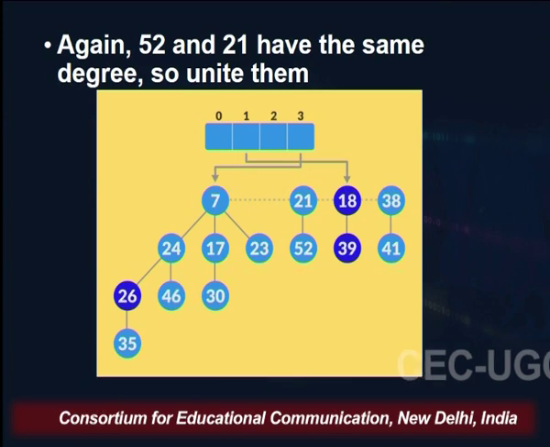Now, we have 3 trees, 21, 18 and 38 with the same degree. How are we going to proceed? We are again going to merge the trees with the same degree.